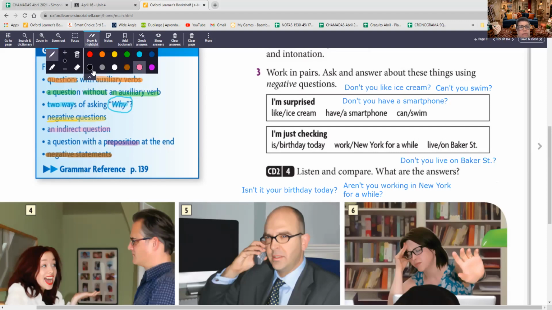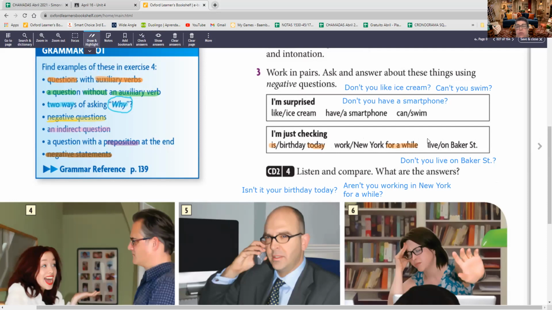When we notice that they use an indicator of time, then we conjugate the verb in that time. But here, for example, we have an indication of present continuous. Here, it's an indication of simple present, but it's the verb to be.